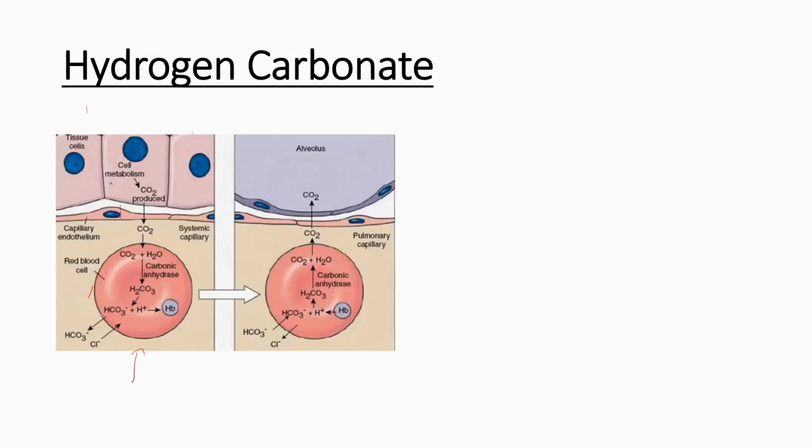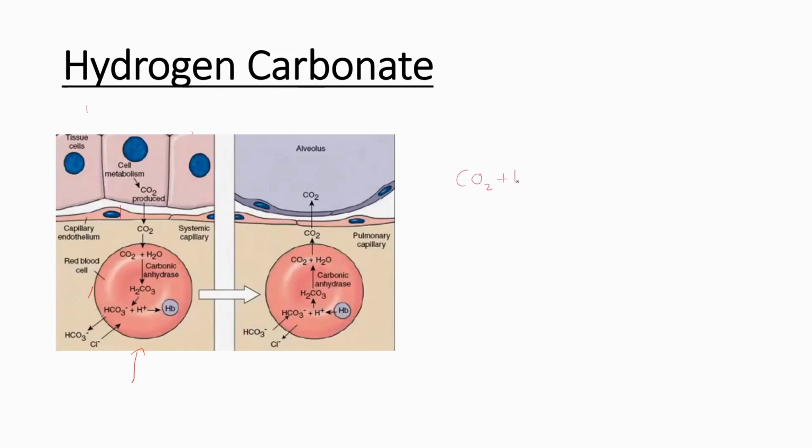So what happens here at the respiring cells is that carbon dioxide is released from respiring cells. It diffuses into the capillary and it diffuses into the red blood cell. Here it combines with water, and this combination is catalyzed by the enzyme carbonic anhydrase, and it leads to the formation of H2CO3 or carbonic acid. And I'm going to show you how this works.